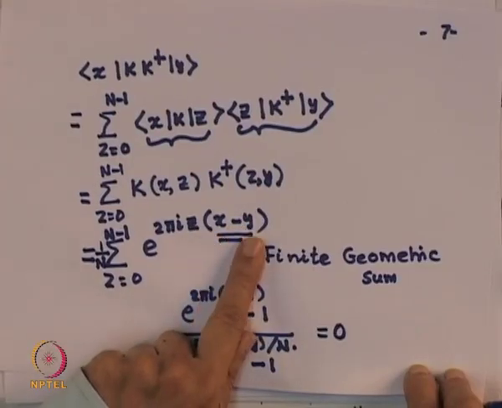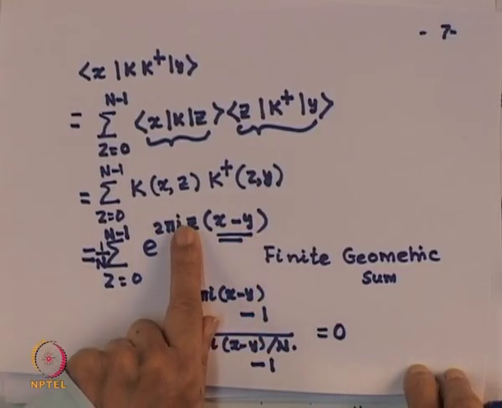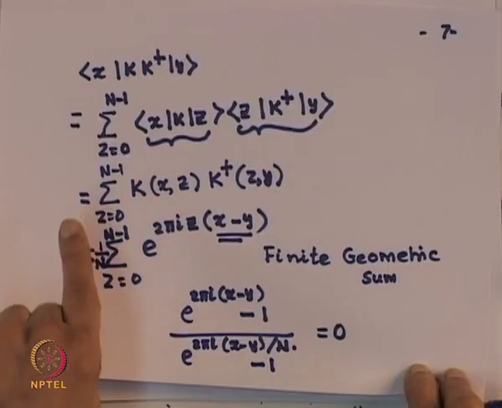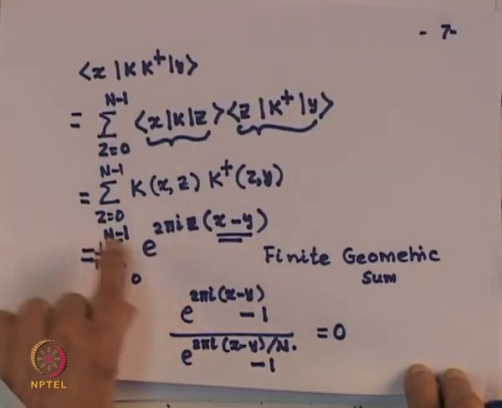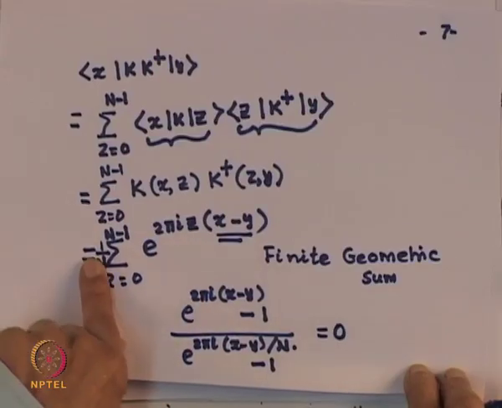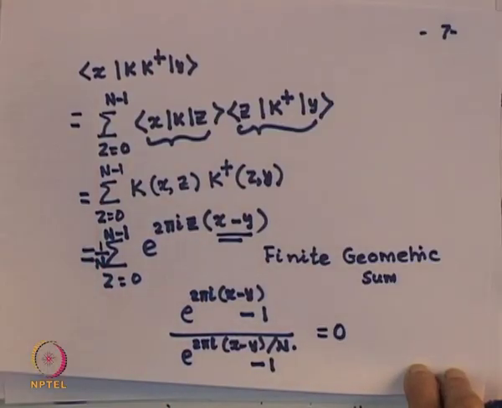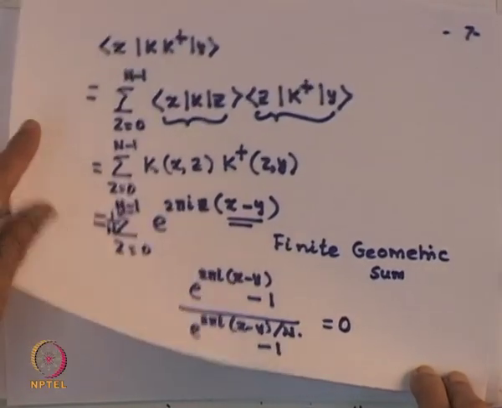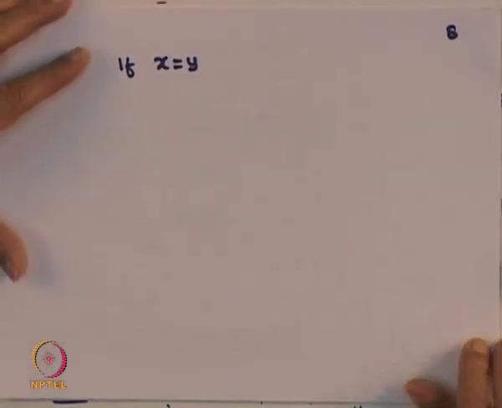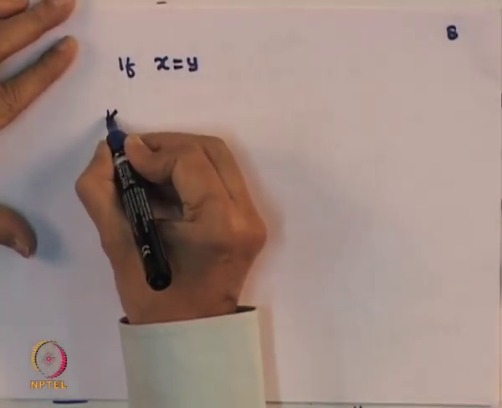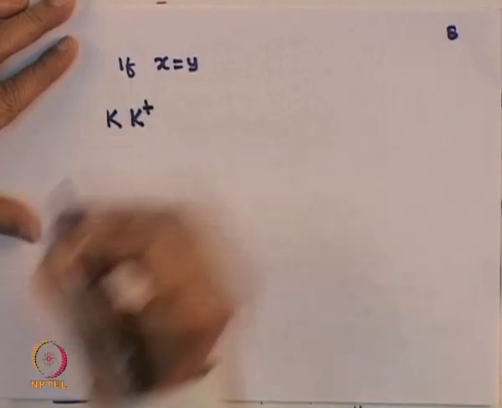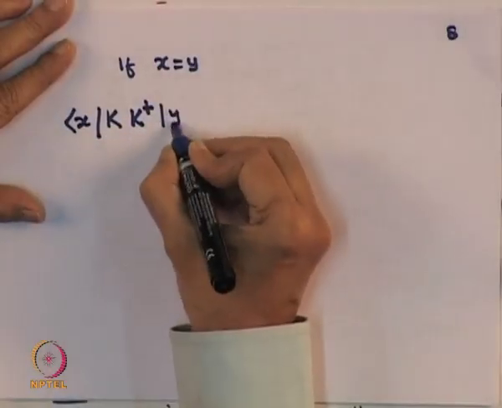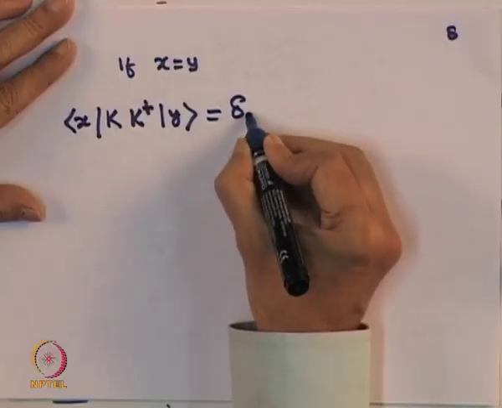Because if it becomes 0, then my e to the power 0 is equal to 1 all over. So I have got n number of terms, each one of them equal to 1. So therefore, I get n as a sum, and I have a 1 over n which gives me 1. So therefore, if x is not equal to y, I get 0. If x is equal to y, I get 1. So therefore, I will say that K dagger matrix element xy is simply given by the Kronecker delta of x with y.